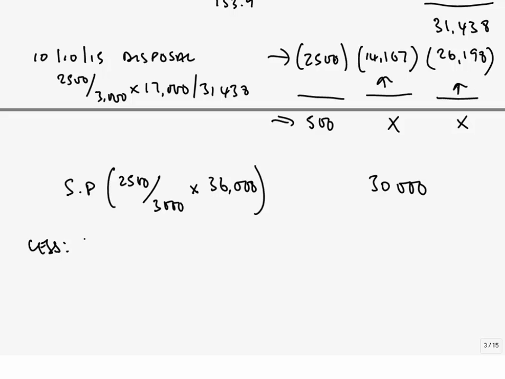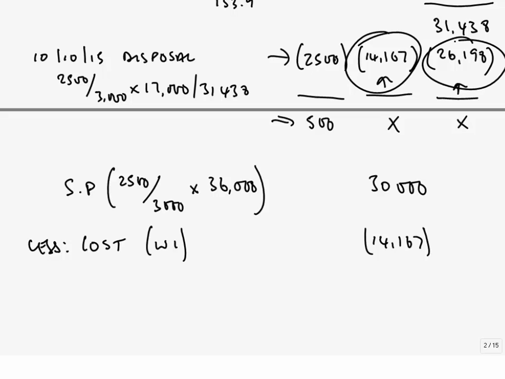Less cost. Back to working one for that cost. What was the cost figure? There it is, 14,167. Note we do not shortcut this exercise by merely deducting the index cost figure. Remember, what does that represent? It is that same cost, 14,167, plus the indexation allowance effectively attributable to that figure.